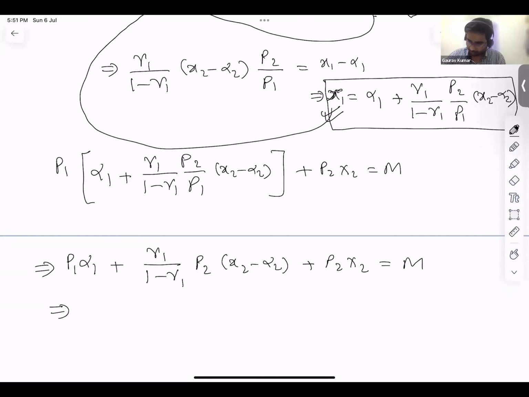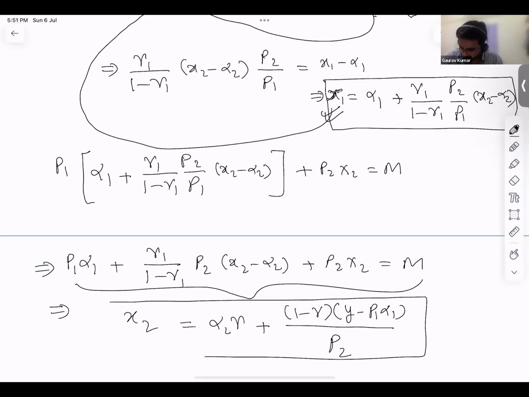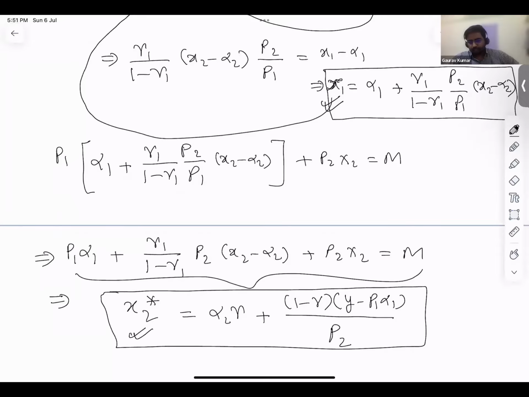The answer when you solve for x2 from this is alpha 2 gamma plus 1 minus gamma y minus p1 alpha 1 by p2. So this is the Marshallian demand for good x2.